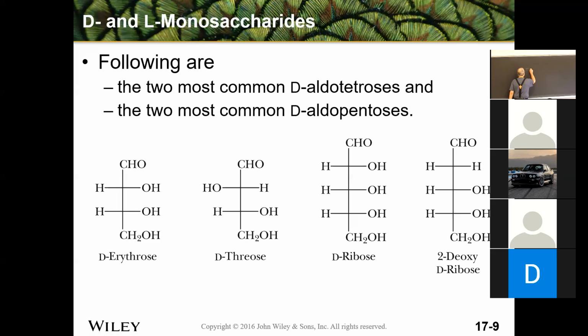And that's TOES. This stands for threose, opposite, erythrose, same. So threose has the chiral OHs on opposite sides in the Fischer projection, and erythrose has them on the same side.